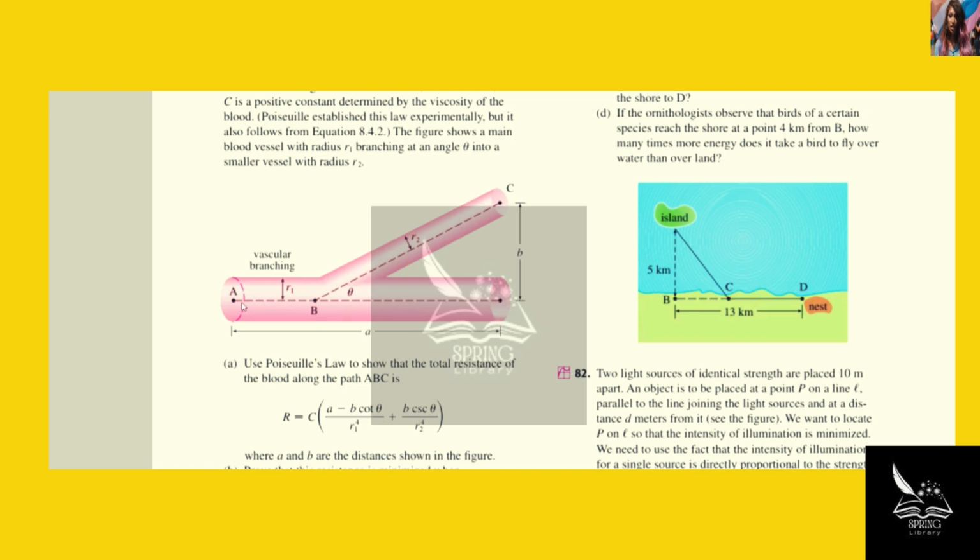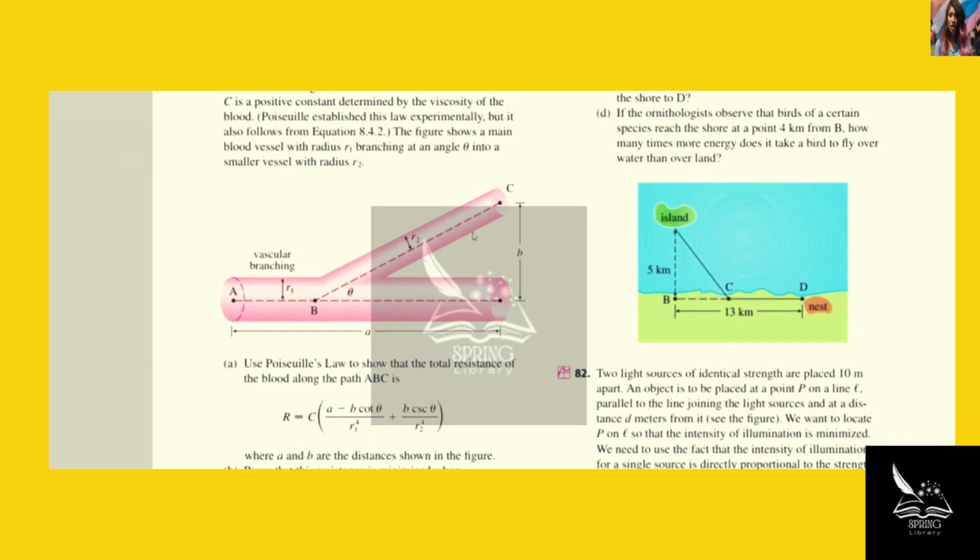We can see AB is equal to a minus b times cotangent theta, and BC is equal to b times cosecant theta.